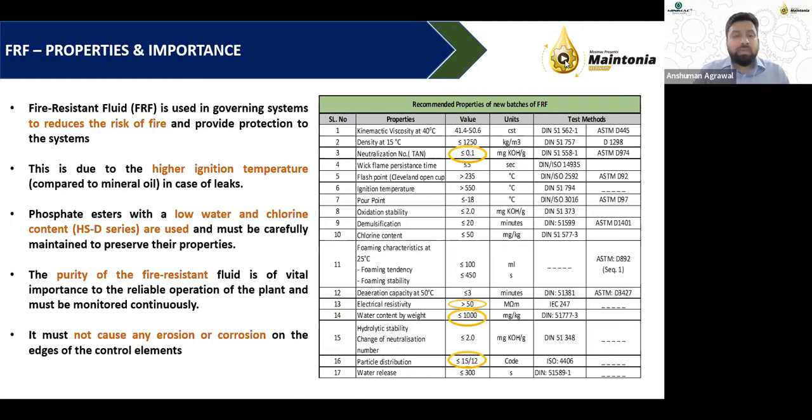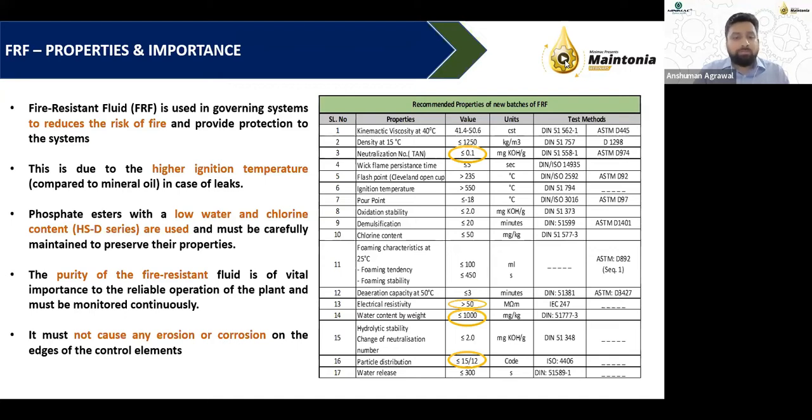But one most important conclusion: if these OEM fitted reconditioning systems are not doing the job of controlling the TAN values, the moisture and solid particulate values, something has to be done. If not, then probably you would also be landing in changing the entire fire resistant fluid of your bulk tank.